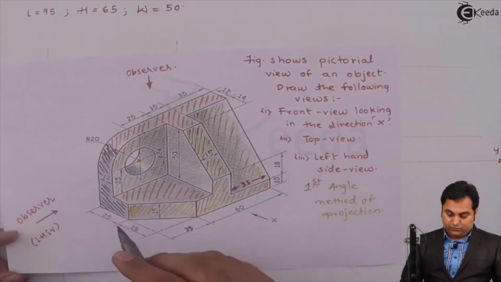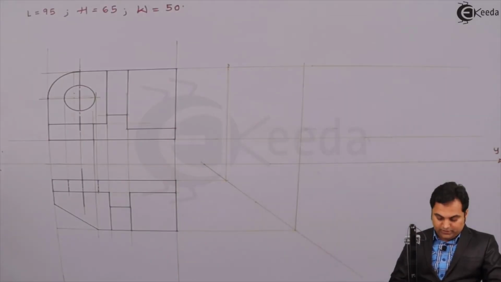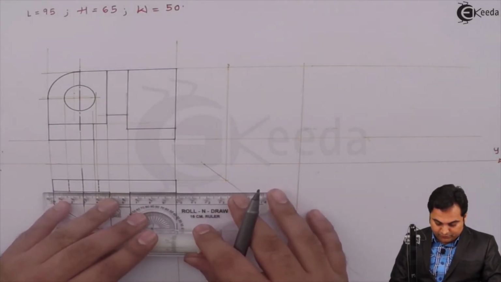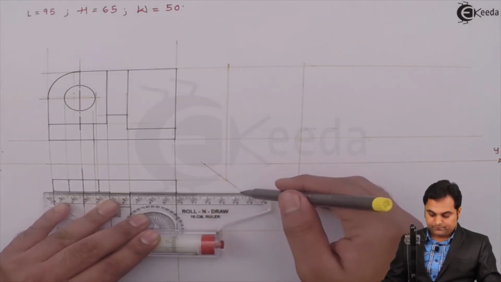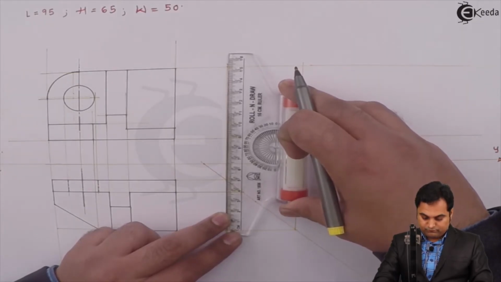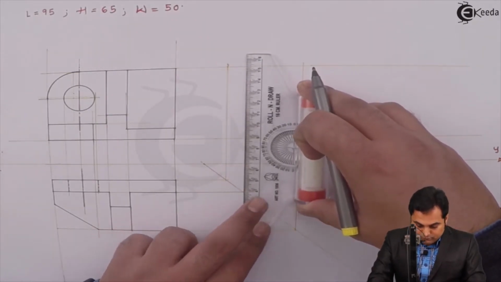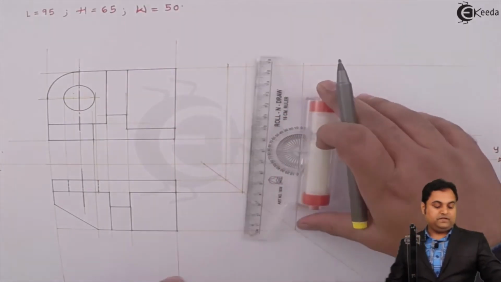Next, width of the portion is 12 mm. So the 12 mm width, I am taking it from the top view. Light line, light vertical line.